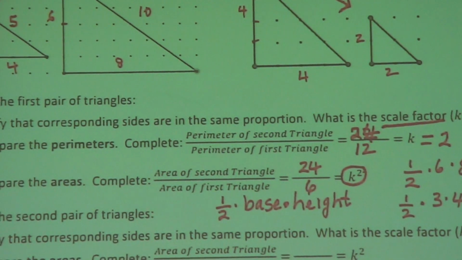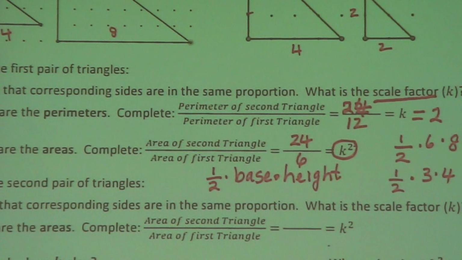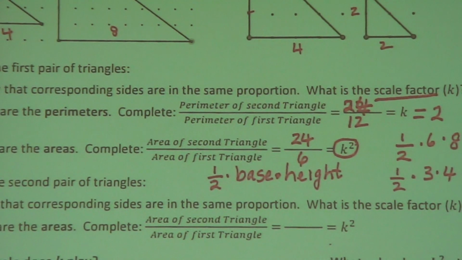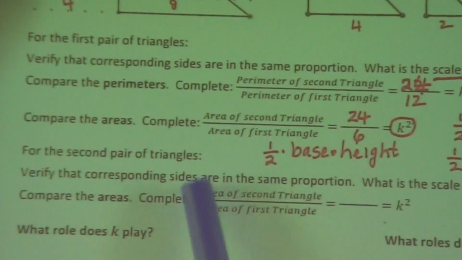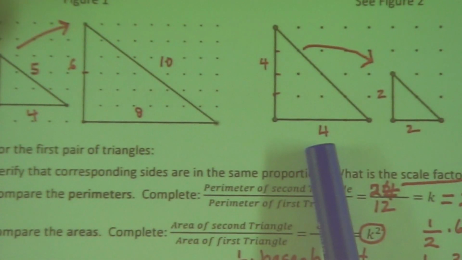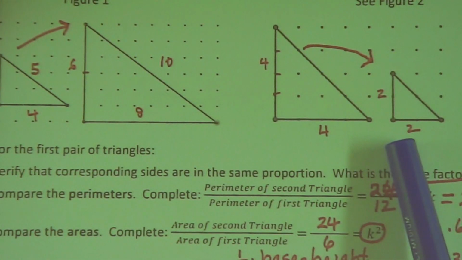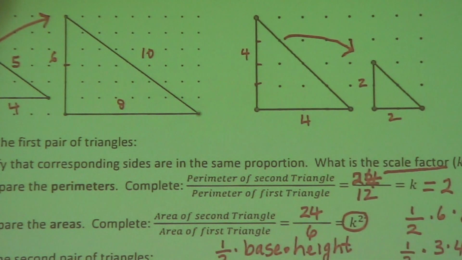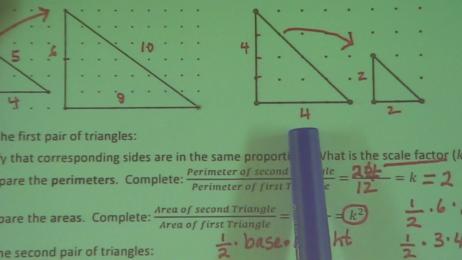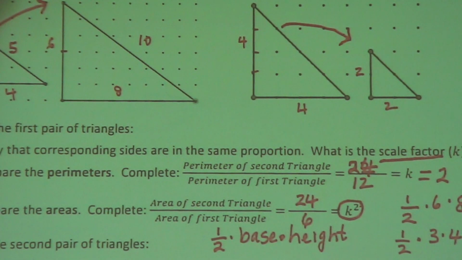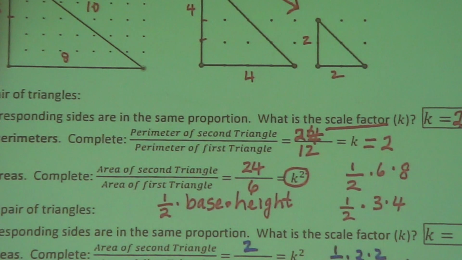Let's look at the second pair of triangles. Remember, if I'm going too quickly, pause the video. For the second pair of triangles, area of the second triangle, 1/2 of 2 times 2, that's 2. And for the first triangle, 1/2 of 4 times 4, that's 8.